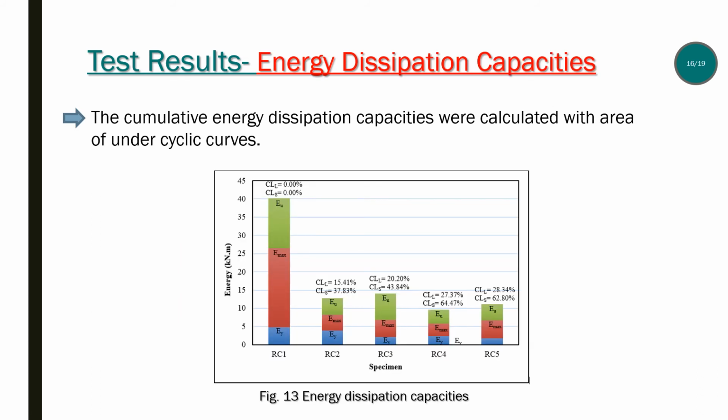The cumulative energy dissipation capacities at yield, maximum, and ultimate load were calculated from the area under the load displacement curves. As shown in the figure, energy capacities at yield, maximum, and ultimate points decreased as the corrosion level increased.